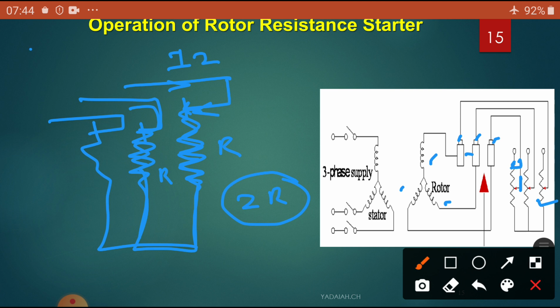On the stator side, I1 will reduce. What is the relation? I1 is equal to I0 plus I2 dash. Now I2 dash, the secondary current referred to the primary, is reduced due to the resistance value. Here the resistance is increased, so the current is reduced. That is very much required.